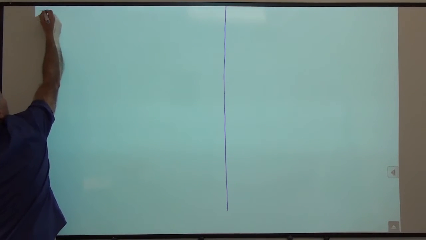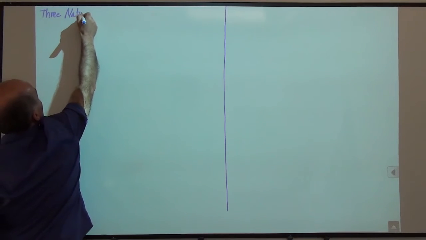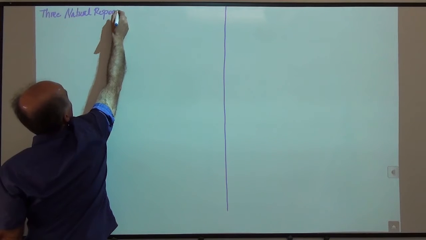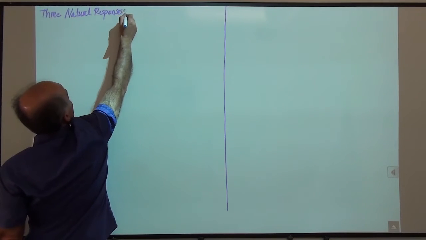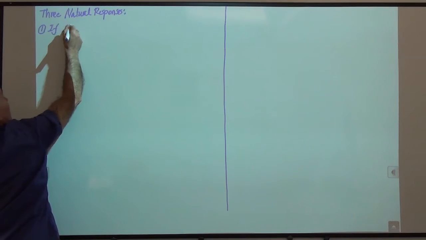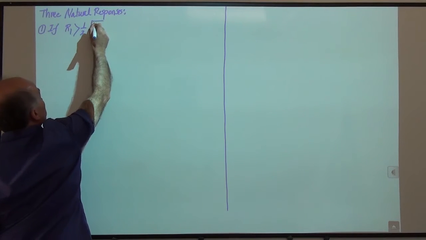Okay, so we say three natural responses. One, if R1 is large enough, we have an overdamped response.